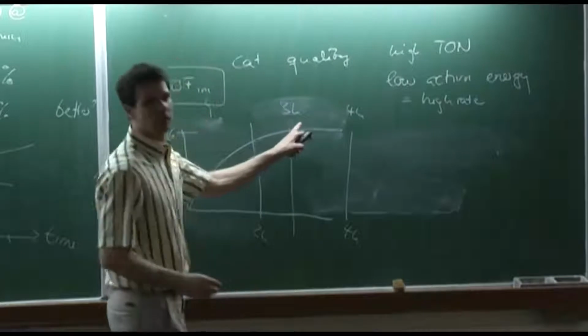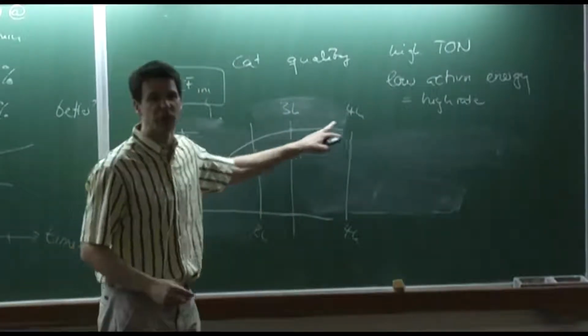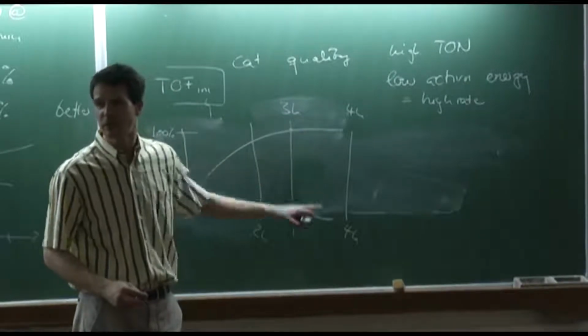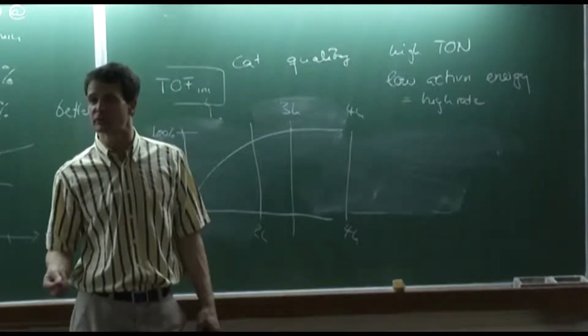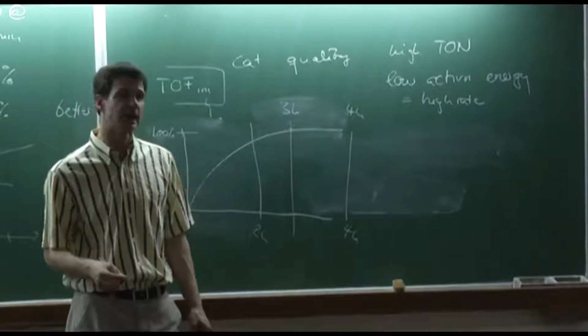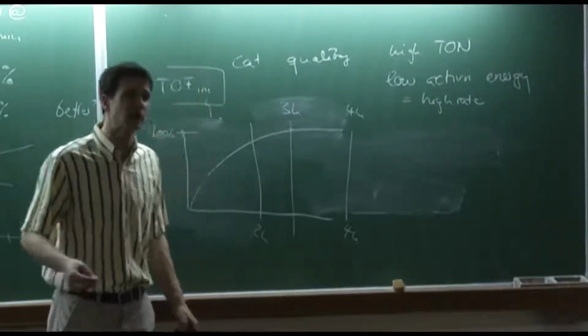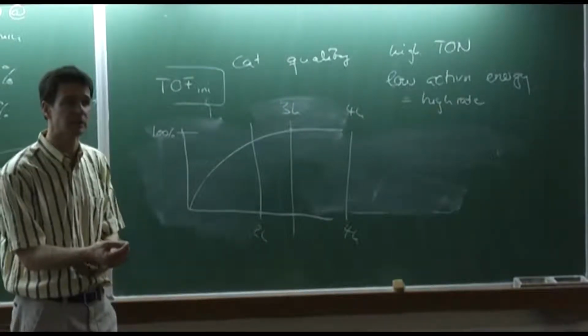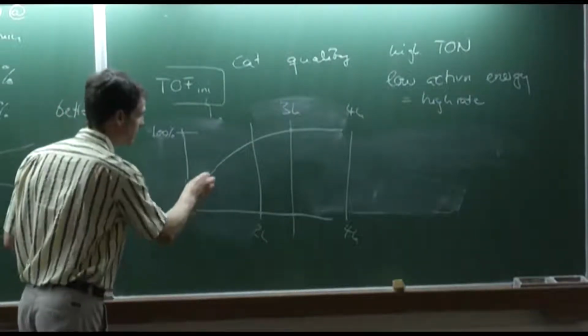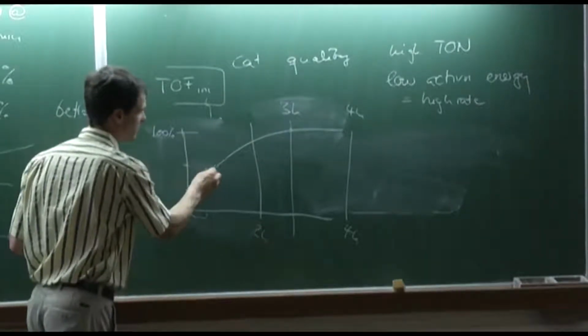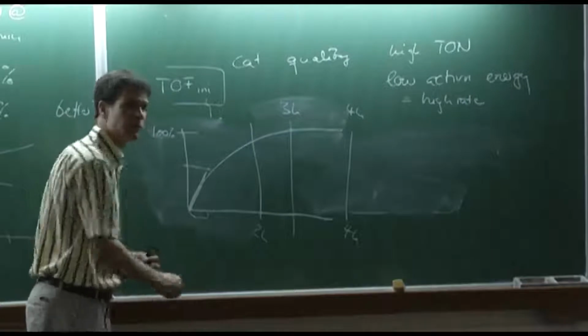So the TOF would change if I measure after 3 or 4 hours if I take the end point. And that's ridiculous. The TOF determines the capacity of a catalyst. So the catalyst doesn't change if it stays an hour longer in a reaction solution. So it's very important to take this somewhere, either time-wise early or conversion-wise very early.